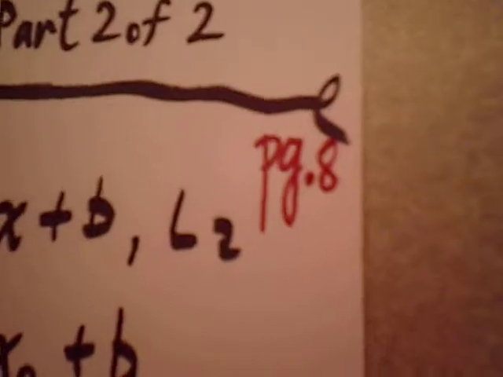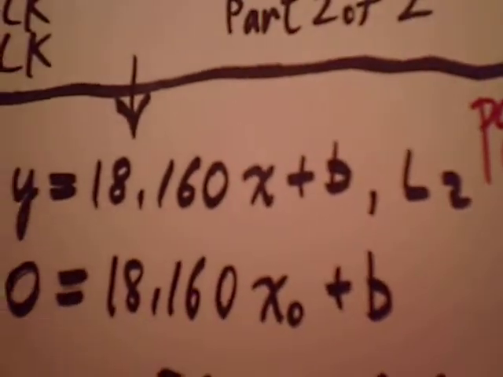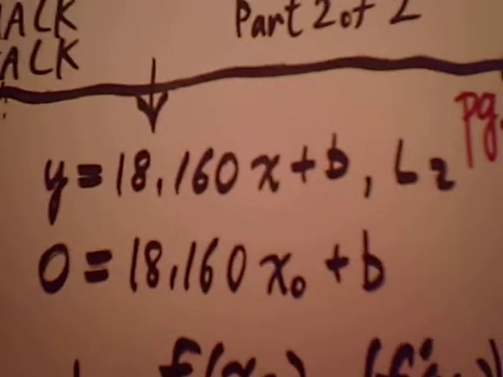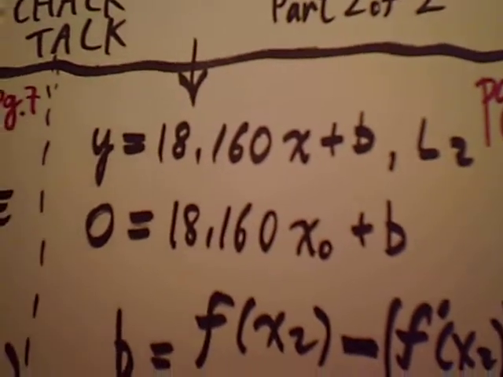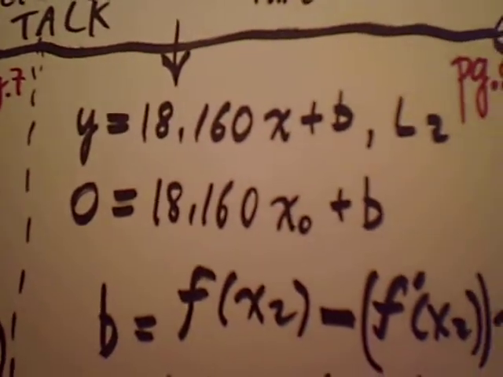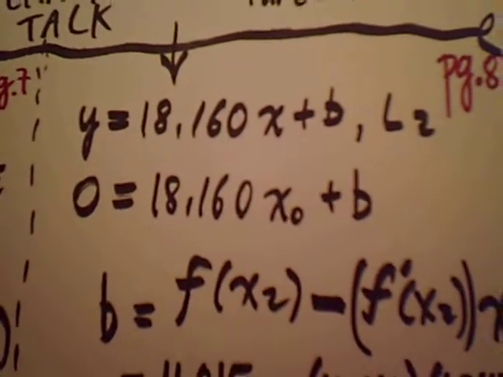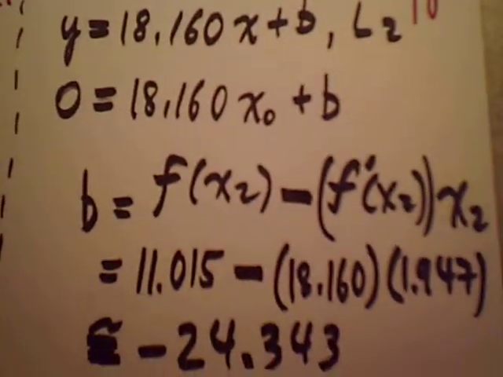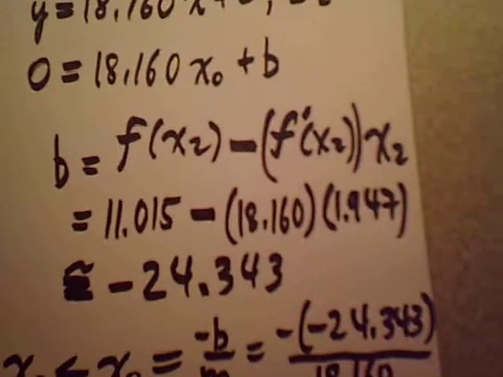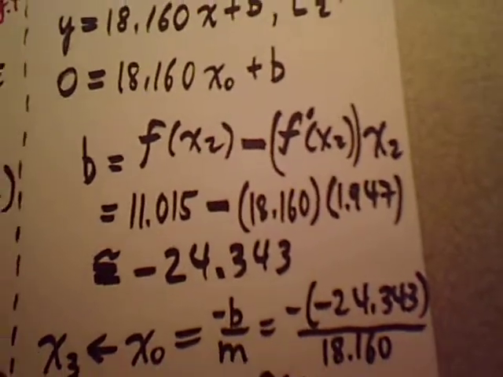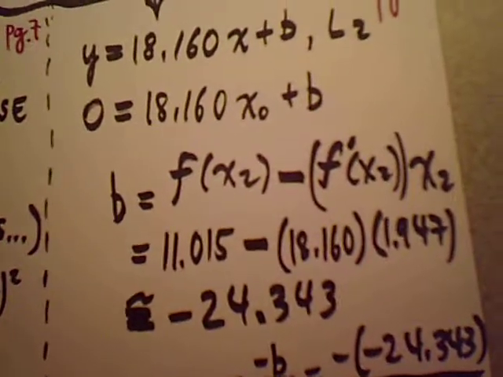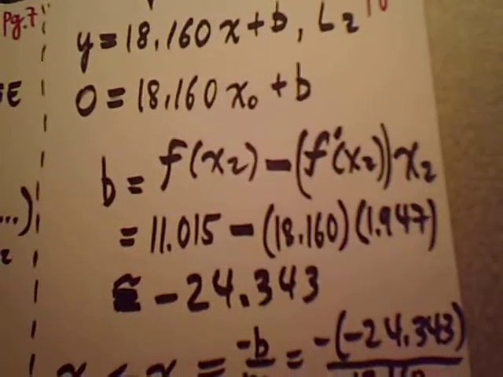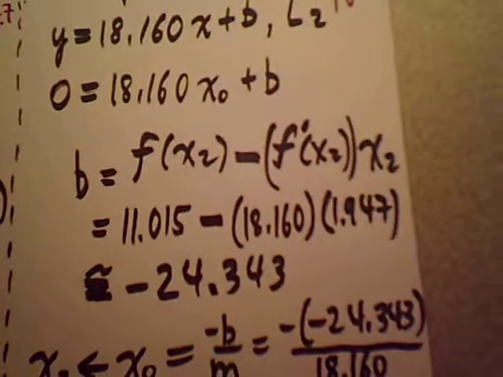Okay, so here we are with our next line, line number 2, and the equation is y equals 18.160x plus b, and we set y equal to 0 to find the x-intercept again, but hey, wait a second, we haven't got our y-intercept yet. So we go back to do that, and we get our y-intercept by taking the y value and subtracting the slope times the x value.